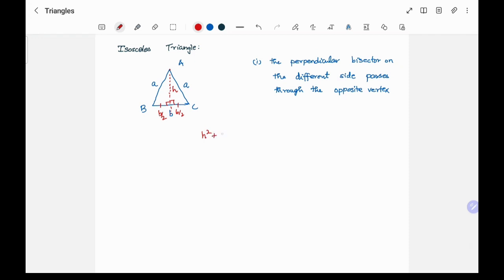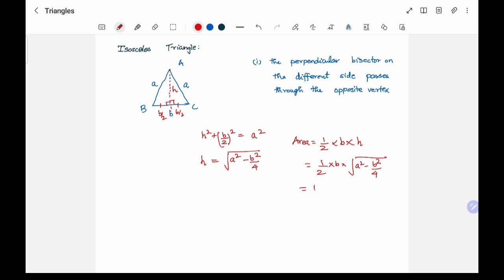So h square plus b by 2 whole square is nothing but a square. So h is root of a square minus b square by 4. Right, and what will be the area? Half into base, b itself, into height h. So it is half into b into root of a square minus b square by 4.